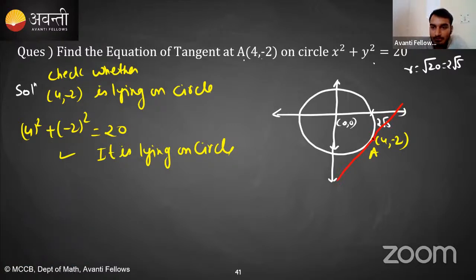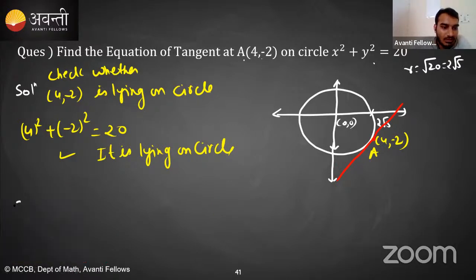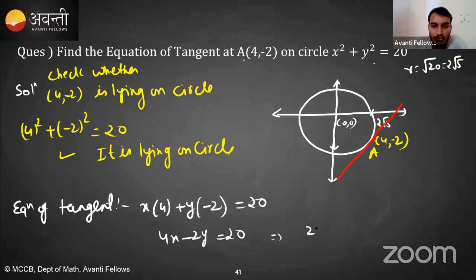So the equation of tangent: replace x square with x into x1 plus y into y1, what is y1? Minus 2, equal to 20. So it is 4x minus 2y is equal to 20. So it implies 2x minus y is equal to 10.